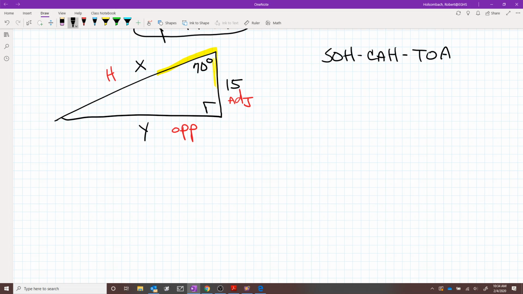I'm going to solve for these alphabetically, so I'm going to solve for the x first. In relation to the 70-degree angle, we're going to be dealing with hypotenuse and adjacent. Adjacent and hypotenuse is cosine. Cosine of 70 equals the adjacent side over the hypotenuse.